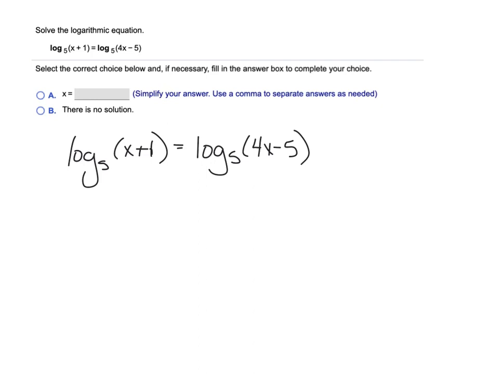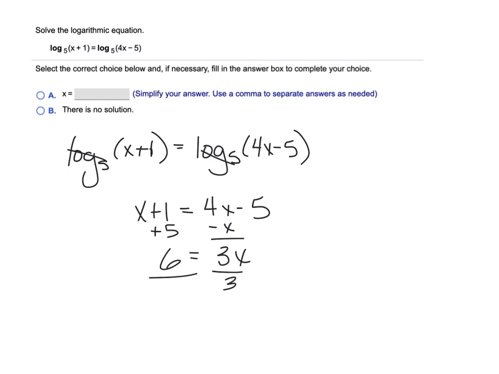We have log base 5 equals log base 5, so we can assume that x plus 1 equals 4x minus 5. It's kind of like just dropping these, and then we solve from there. Let's see, I'll subtract x, get 3x, and add 5. I get x equals 2.